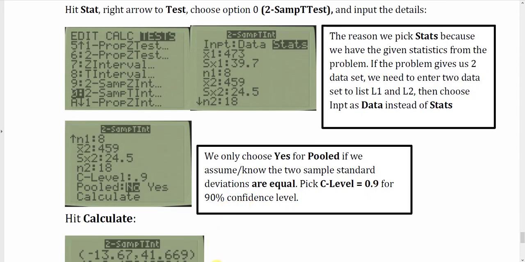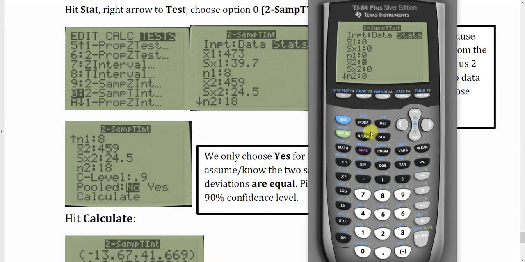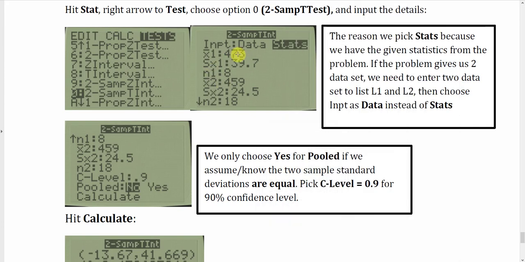To do that, we hit the start button and then go to test, and then go all the way down to option 0, two sample T interval, hit enter, and then again use the start and enter all the data from the chart. And again, pool is no because the two sample standard deviations are not the same.